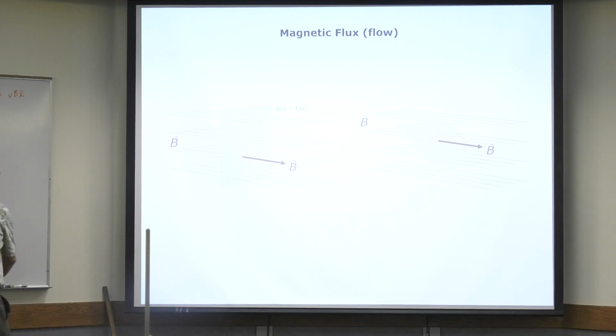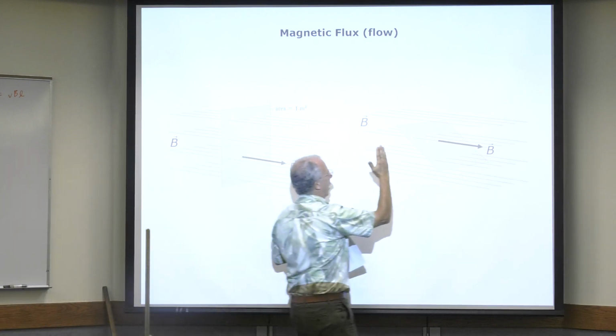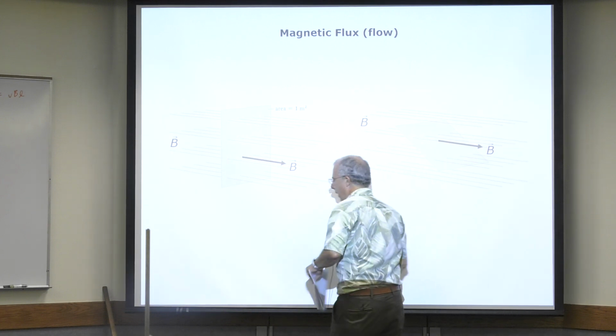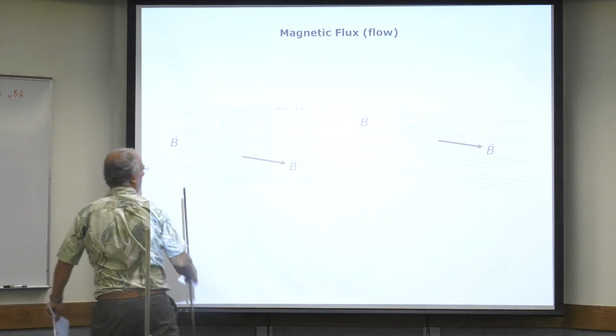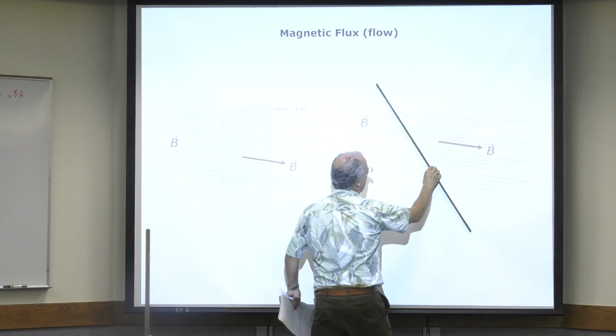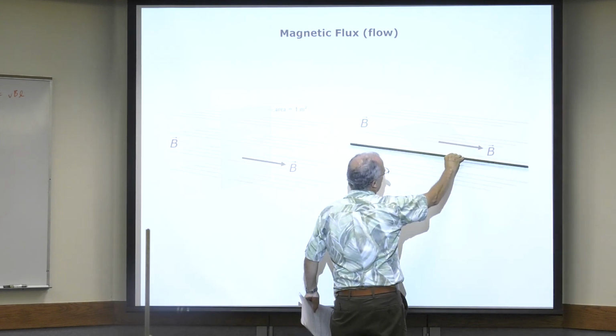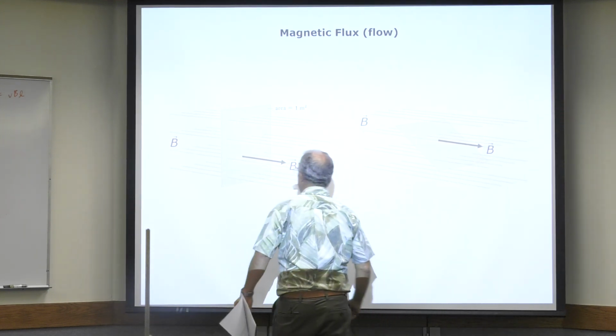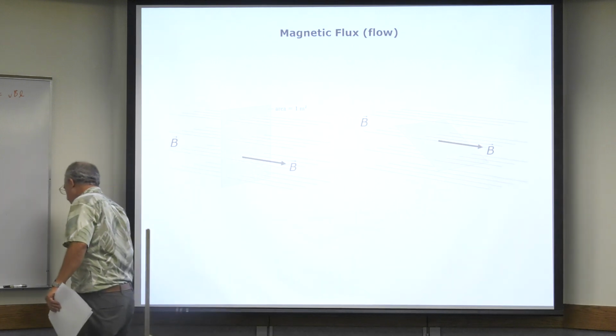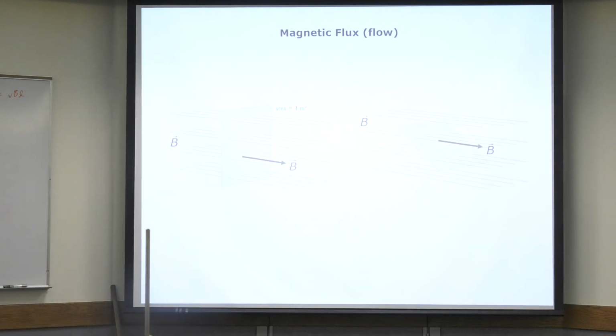Okay, let's say I rotate this even more. In fact, I'm going to rotate it so this plane is now parallel to the magnetic field. How much flux is getting through that area if I rotate it like that? 0, right?